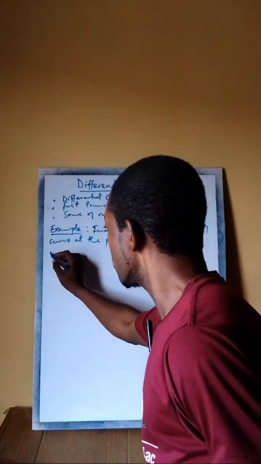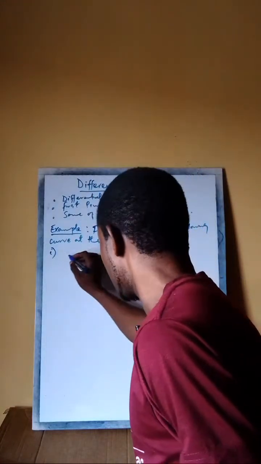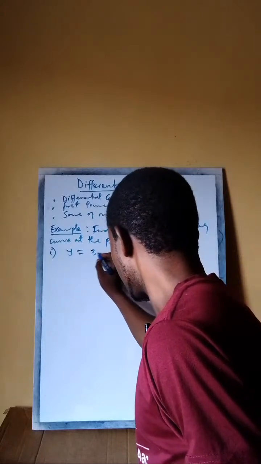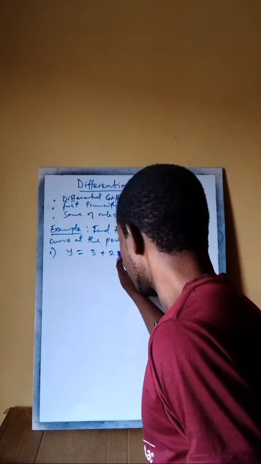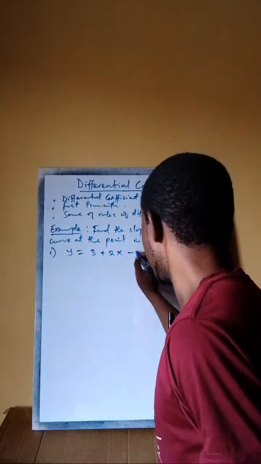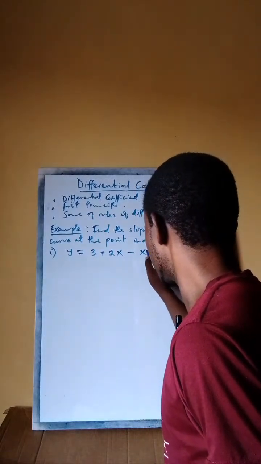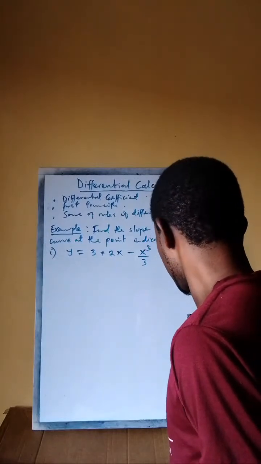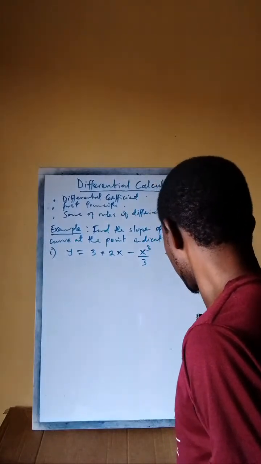So the first one, we have this curve, y equals 3 plus 2x minus x cubed over 3. This is at point x equals 0.